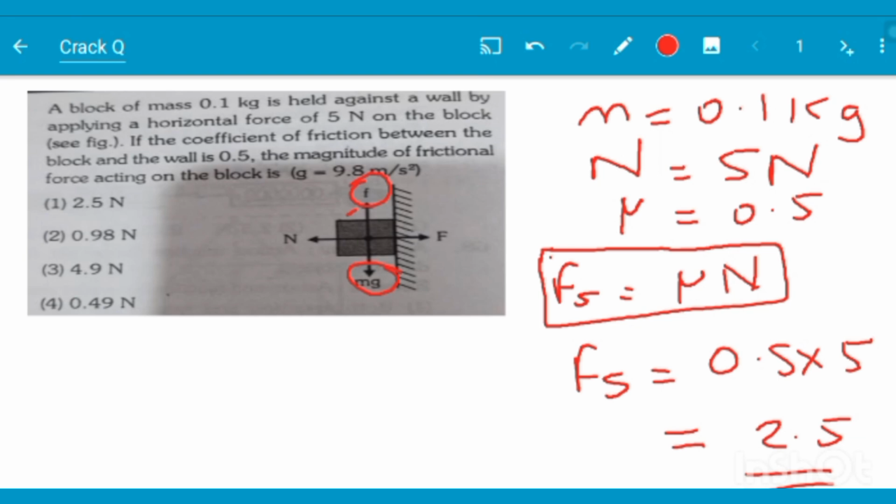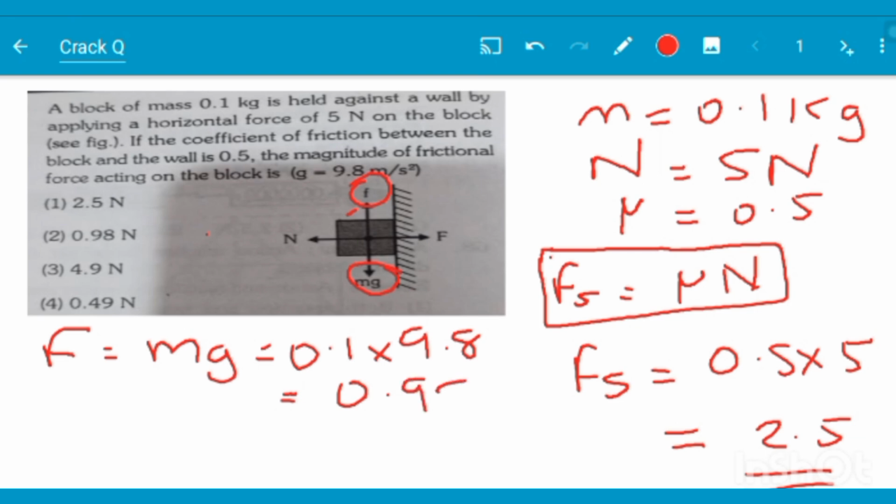The weight is a force which is preventing the block from falling down. So force F is equal to mg, that is 0.1 into 9.8, which comes to a total of 0.98.